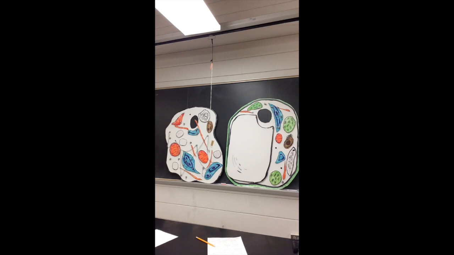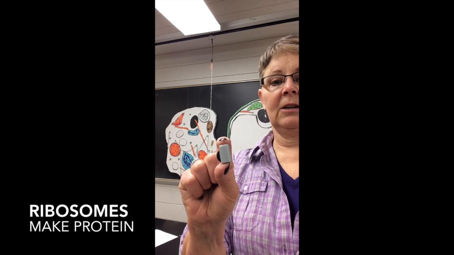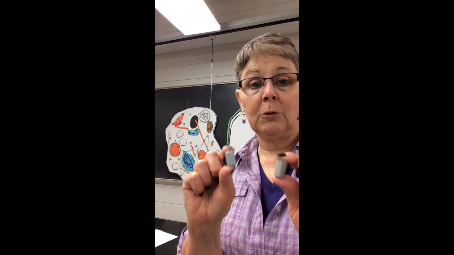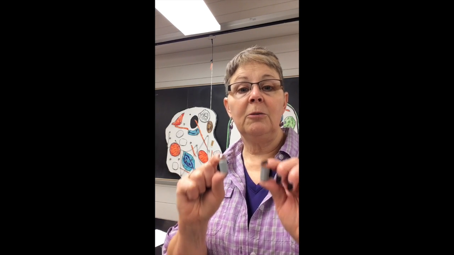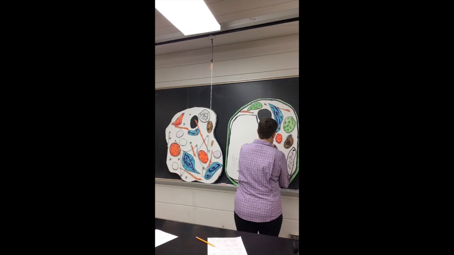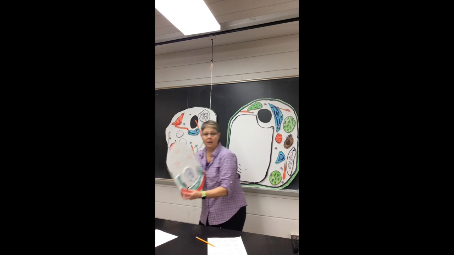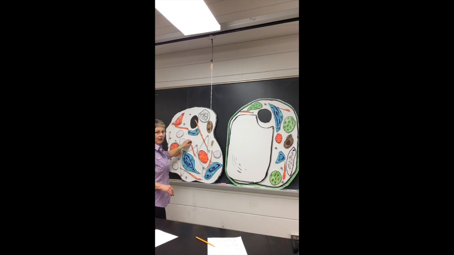Let me show you close up. This is what they look like. Those are the ribosomes. That's what we're using for ribosomes. The function of ribosomes is to make protein. And that's true whether they're here or in a prokaryotic cell or here in an animal cell.